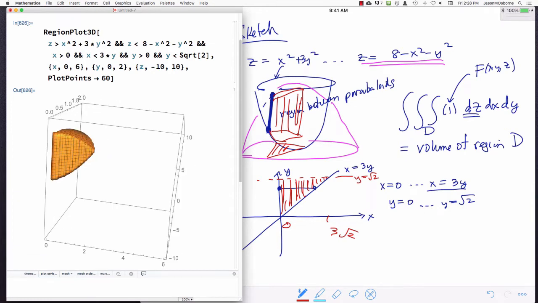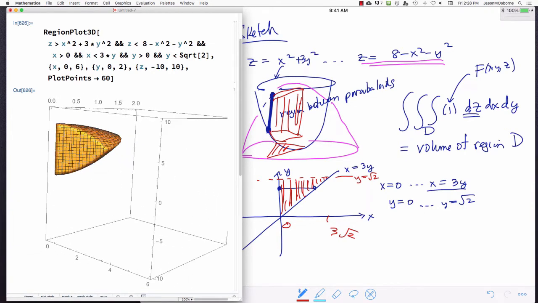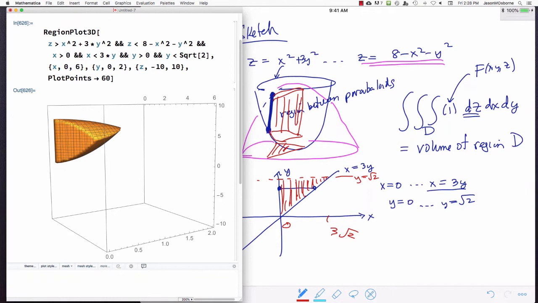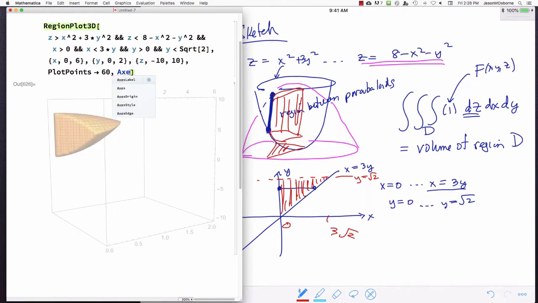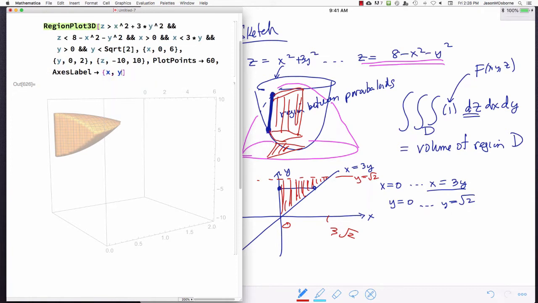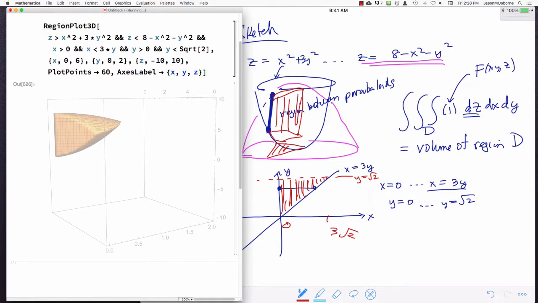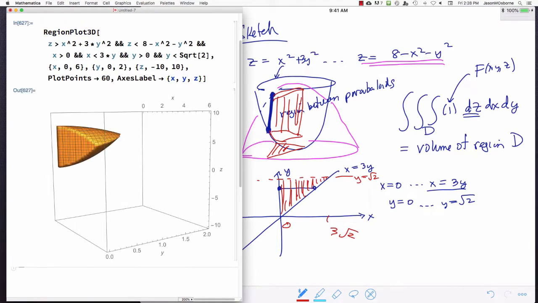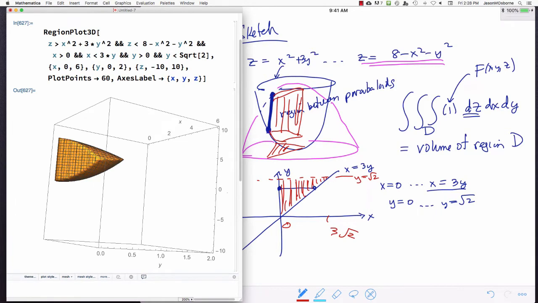And the fact that sometimes the function, that's curious. This function, where are the z values? Let's label the axes x, y, z. Huh. It's always looking like the function is positive.